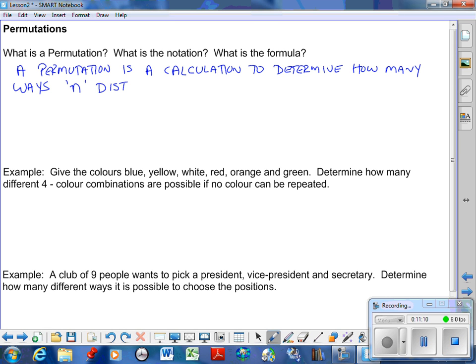So n is just a variable. Distinct objects means that they're unique. There's no clones. Okay? So how many ways n distinct objects can be arranged?